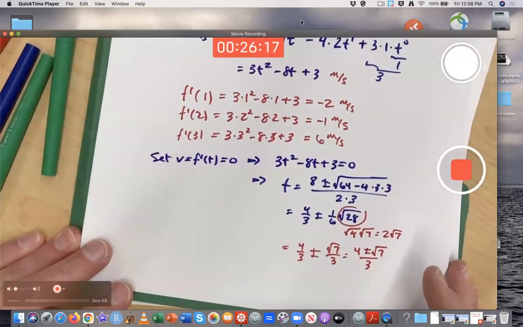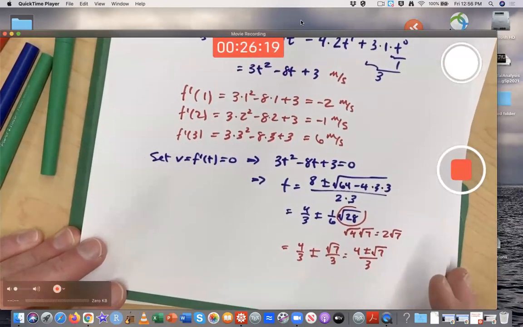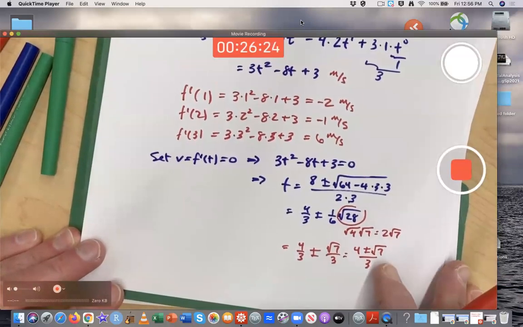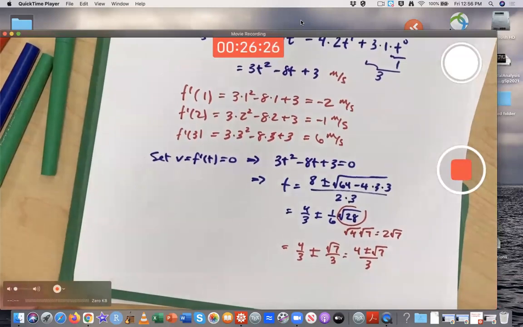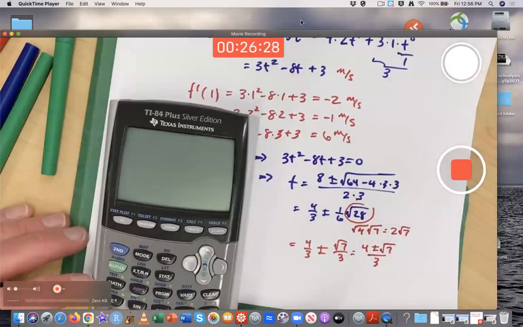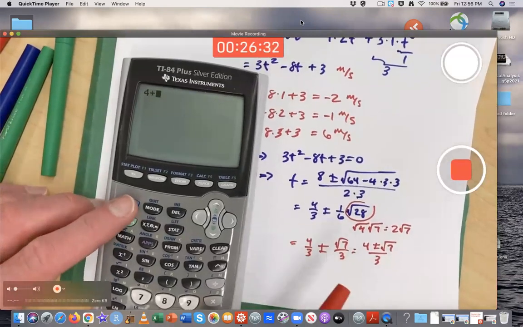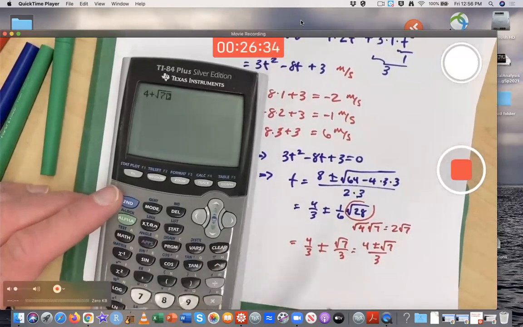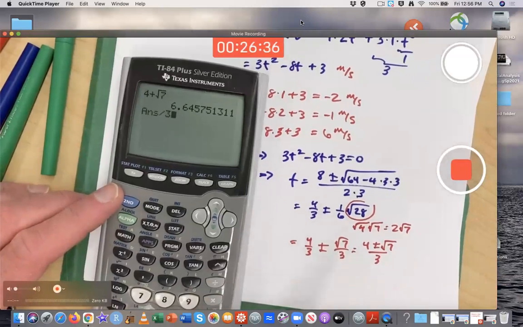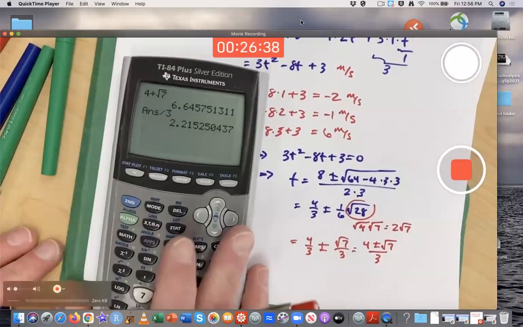Square root of 7 is, well, between 2 and 3. So both of these numbers are positive. There's 2 positive values where this equals 0. Let's approximate them. 4 plus square root of 7 divided by 3. Hopefully I haven't made a mistake. Let me know if you think I make a mistake here.